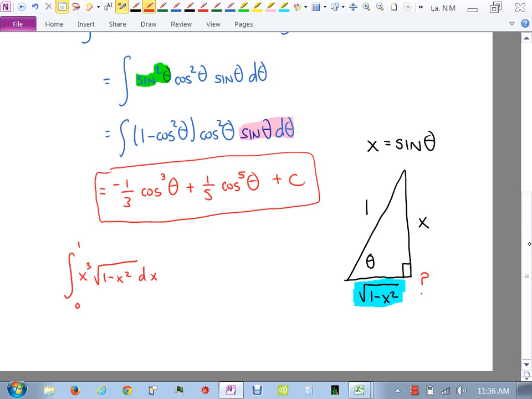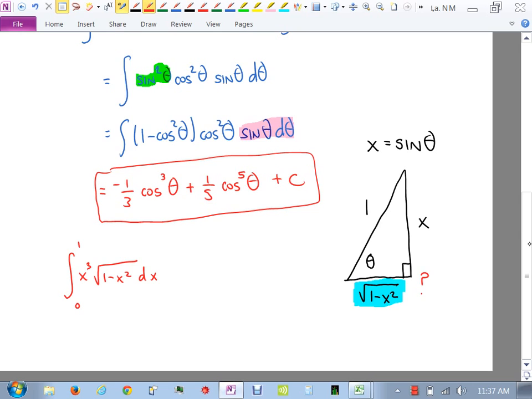Right here, this. Because that triangle, if I asked you what's cosine of that angle, look at that triangle there. What's cosine? It's the adjacent side over the hypotenuse. The adjacent over 1 is just the adjacent. So cosine of theta is square root of 1 minus x squared. So that cosine theta gets replaced with square root of 1 minus x squared. Let's just say that had been tangent theta cubed.